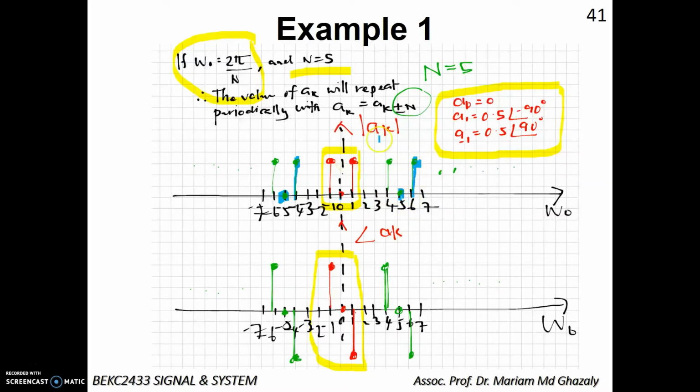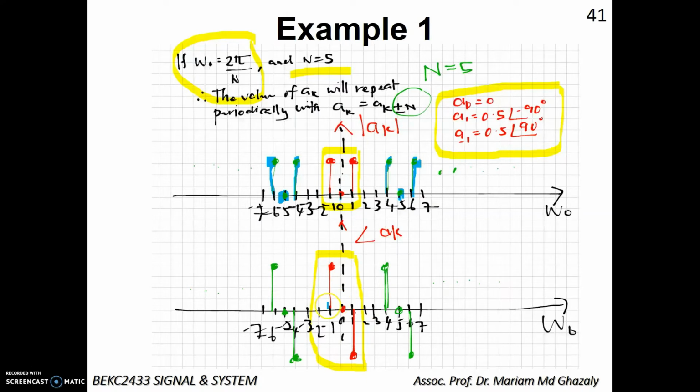And the next one is a minus 1. a minus 1 is at 0.5, at this point minus 1. You just do the same thing as before: plus 5, 1, 2, 3, 4, 5, and also delayed by 5, 1, 2, 3, 4, 5. So this is how you plot the magnitude for ak.